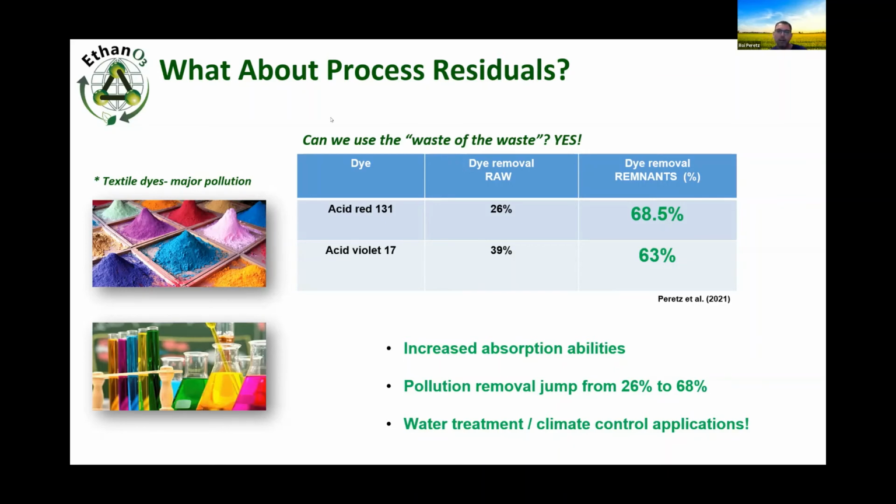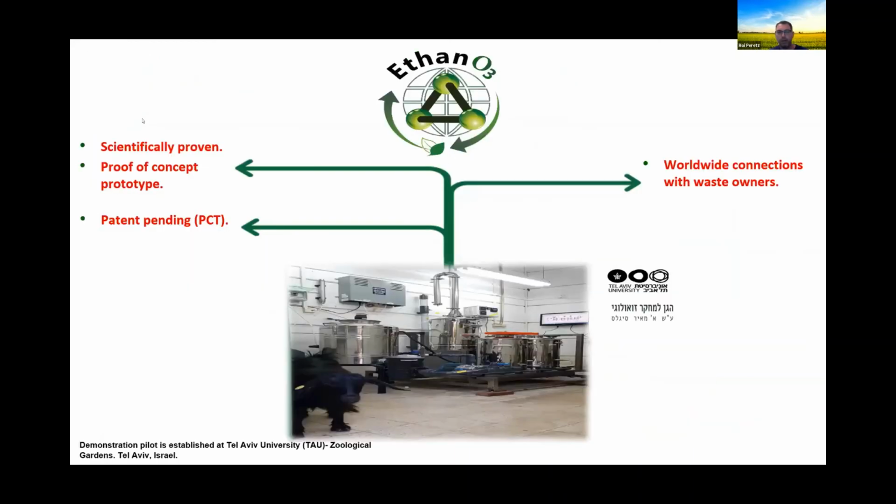If we use the remnants, the removal ability was much higher, almost 3 times more, increasing pollution removal from 26 to 68%. So it showed a very good application for water treatment or climate control applications and so on.